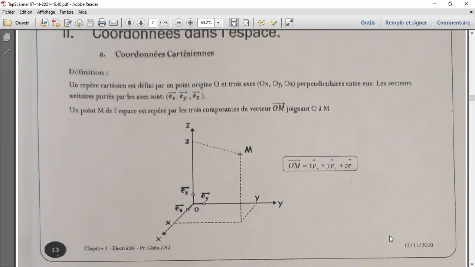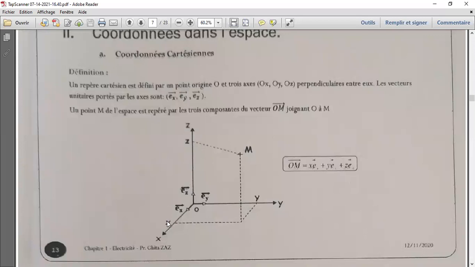There's nothing complicated: from x, y, I just add the z. Now, for me to find my point M, I have to use 3 coordinates, x, y, and z.